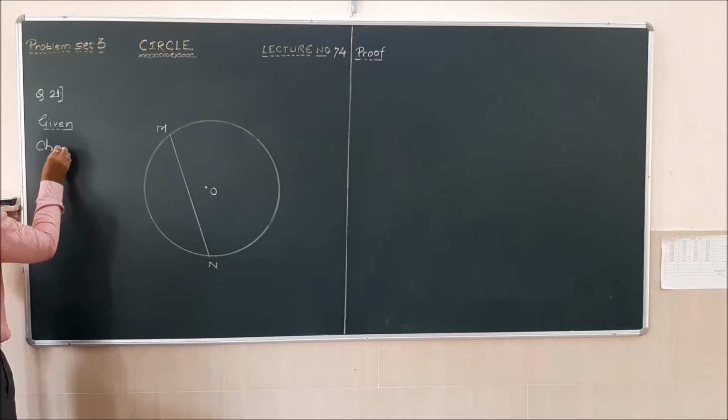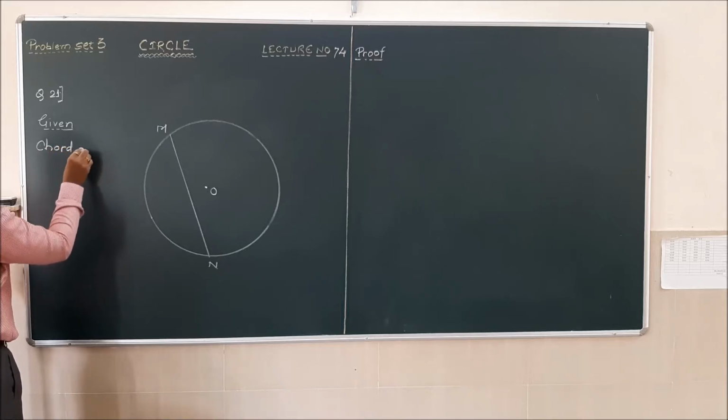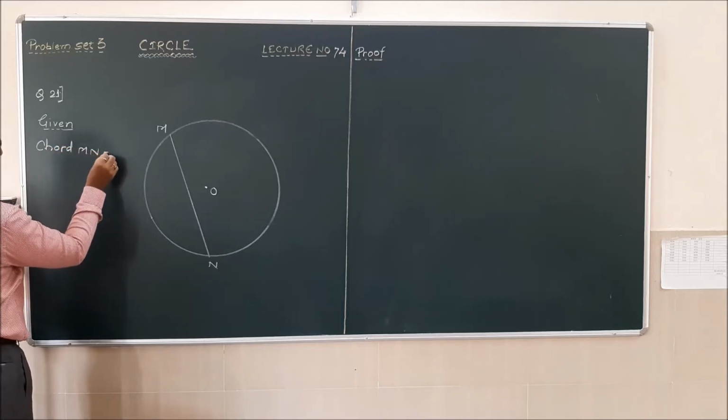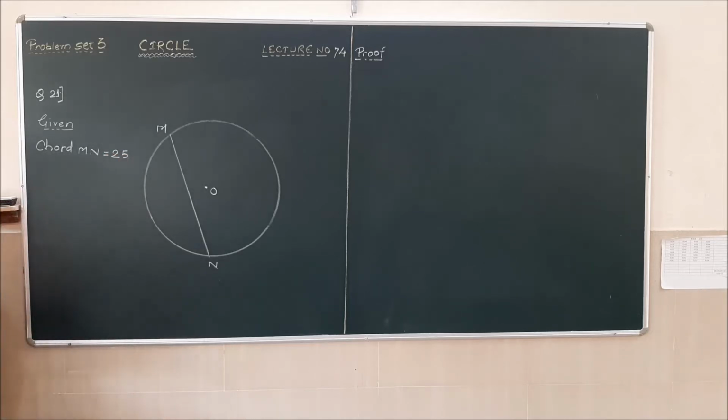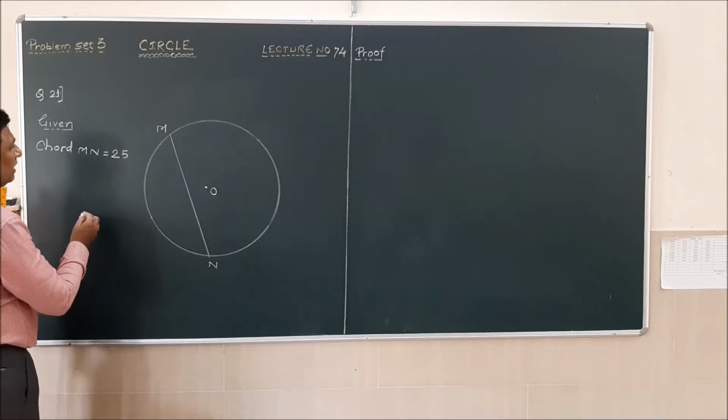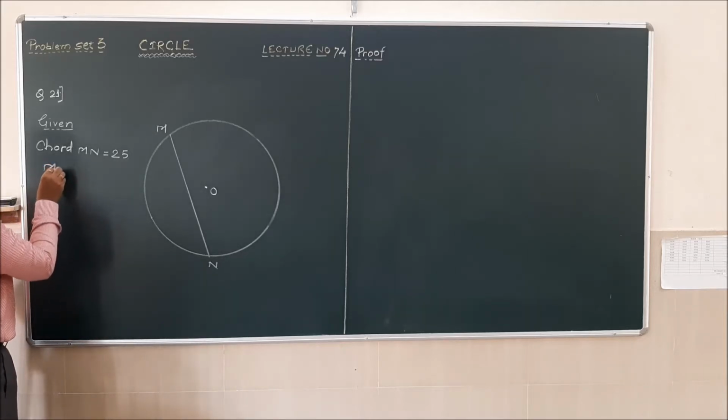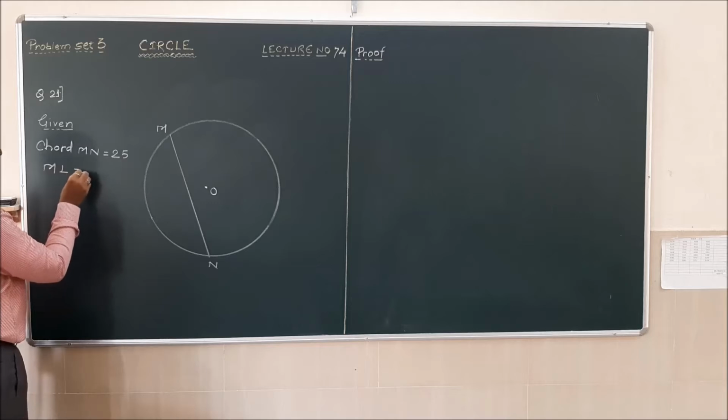Units are not given. O is the center of the circle. Fine. Then you will find next to that ML is 9.